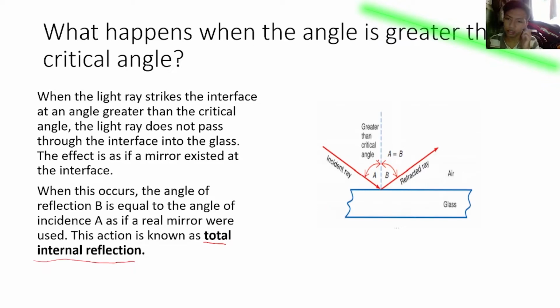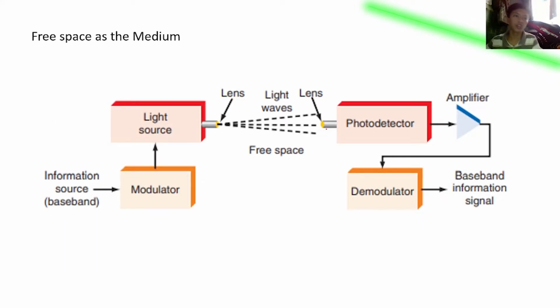Okay. So this topic, especially this one, will be useful in the construction and also in understanding the later topics. Okay. So in fiber optics, you can see that light is used. The light source can be an LED or a laser.